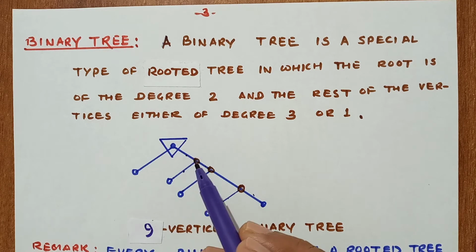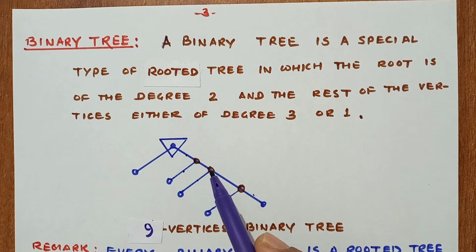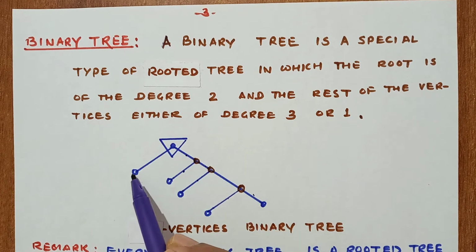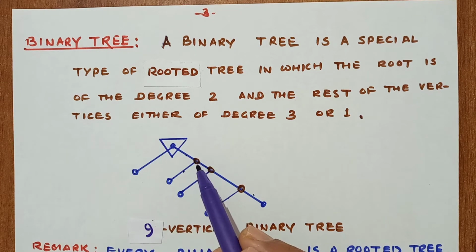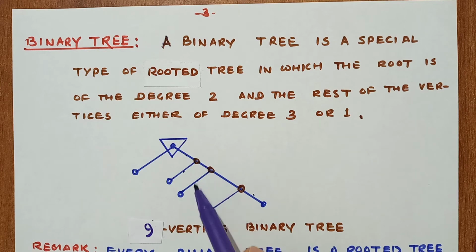Other vertices have degree 1 or 3: the degree of this vertex is 1, the degree of this vertex is 3, this vertex is 3, this vertex is 1. So this is a binary tree of 9 vertices.